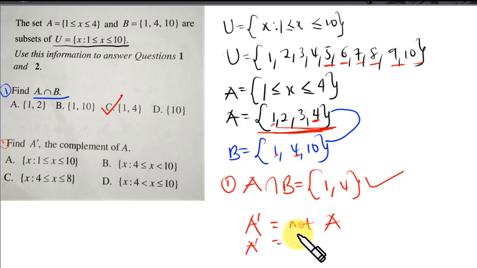So A complement is going to be 5, 6, 7, 8, 9, and 10. So the set of elements that start from 5 up to 10.